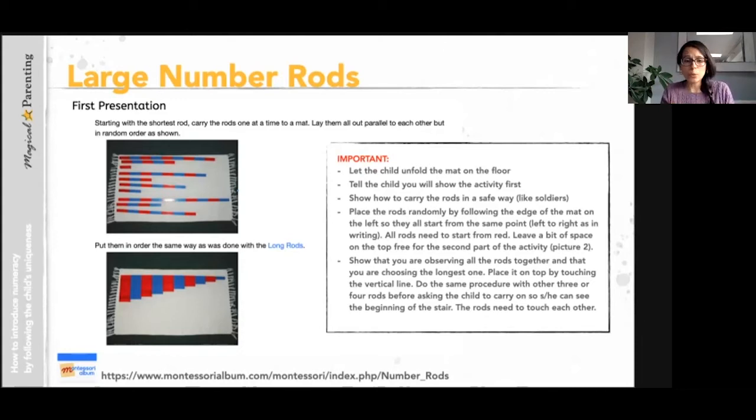It's the same principle. If they put one instead of another one, that's fine. Don't tell them anything in that moment. Take a note in your mind, and you present it again another time, and you can say, oh, can I show you how I would do it? And then you can build it all properly, and you show the child, and you say, oh, it looks like a stair, and then you do it. And then they will get it.